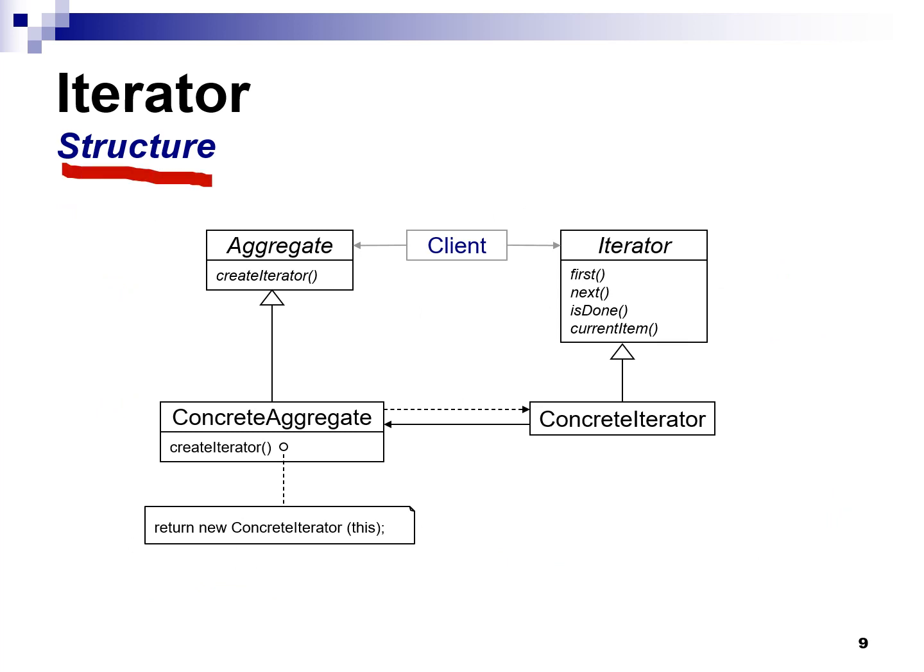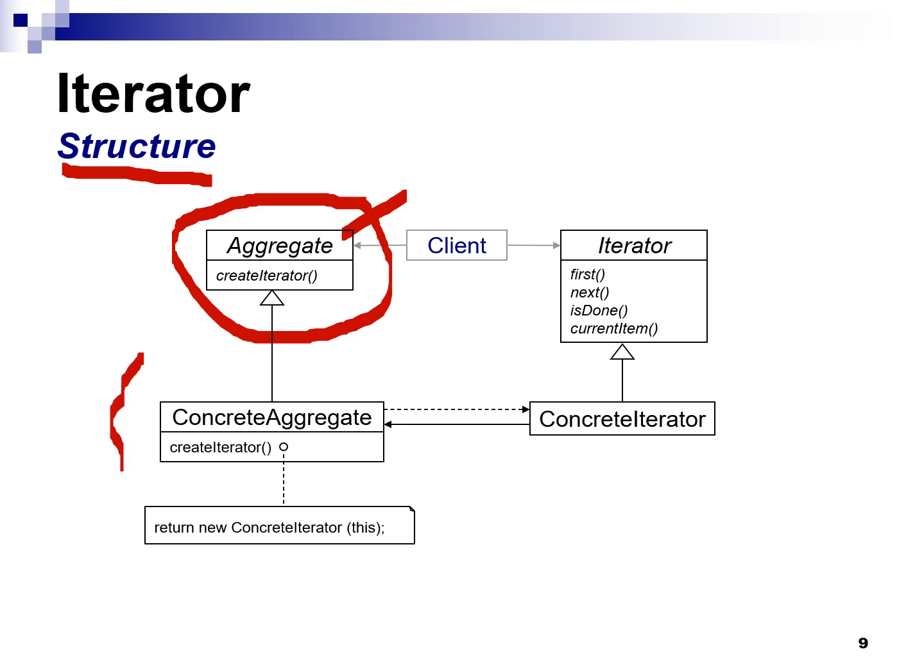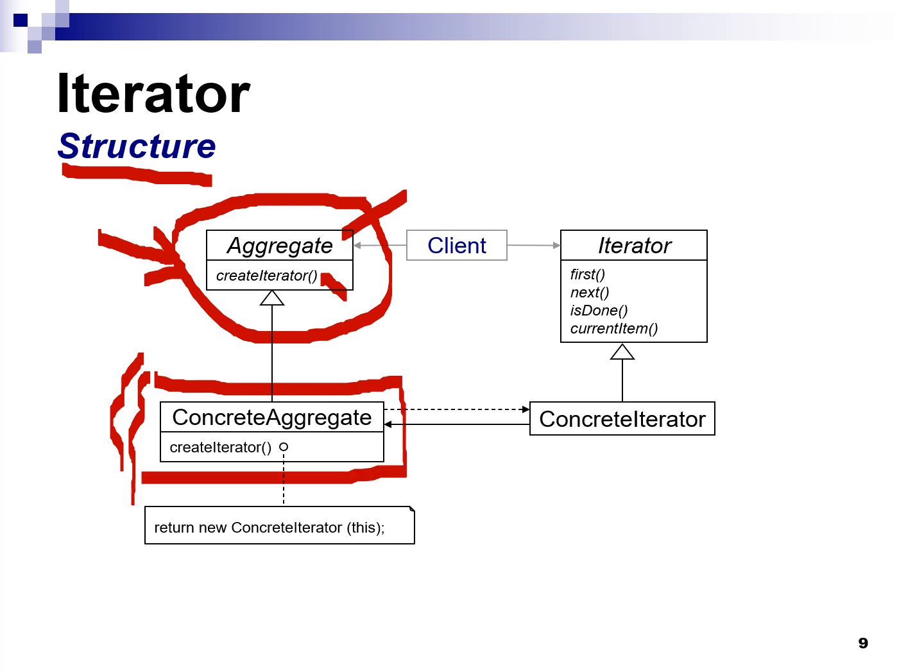This is the general structure of the pattern, where notice that we have four main roles. On the one hand, we have the aggregate, which is a common base class for all the types of concrete aggregates. In the previous example, this was abstract list. Here, we may have additional methods, but we need to have a factory method create iterator. This create iterator will be overridden in concrete aggregates and will create the appropriate class of concrete iterator.